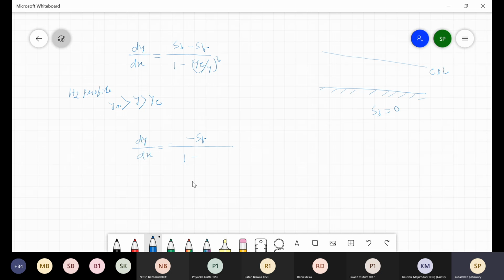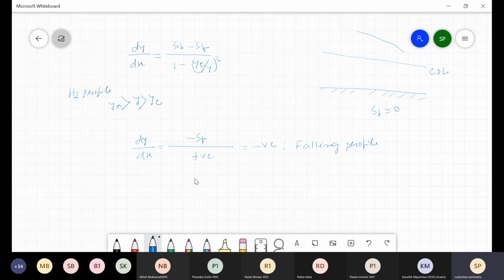So 1 minus something less than 1 is positive, isn't it? Yes, sir. So the denominator is positive, and ultimately you get negative. Negative means what? Falling profile. That means it will be like this.